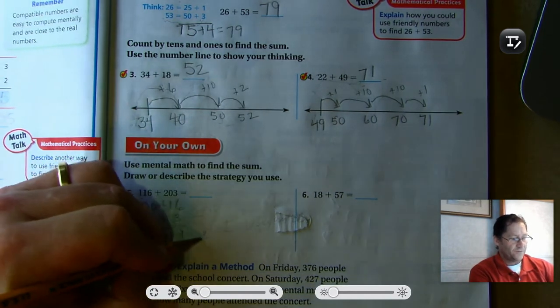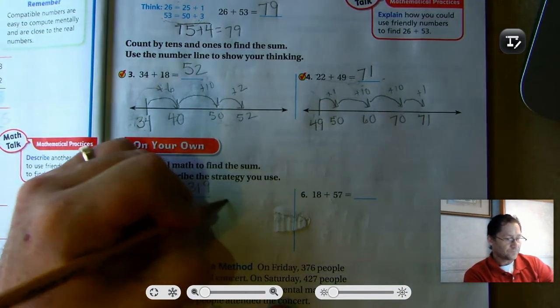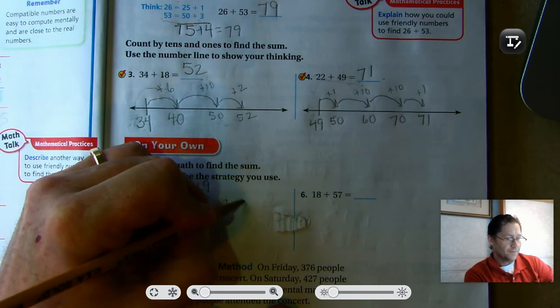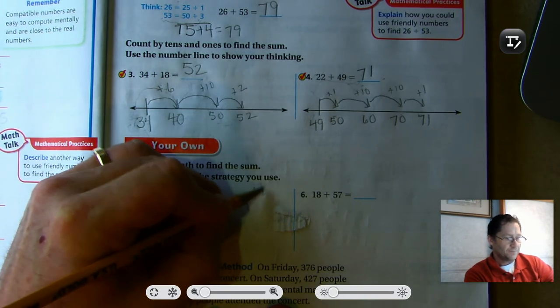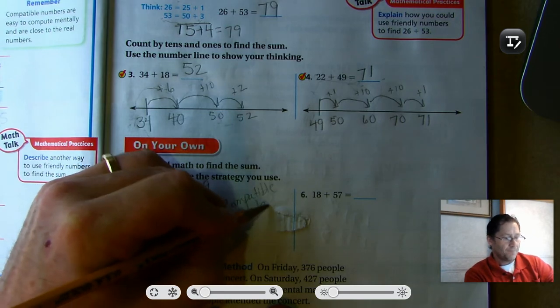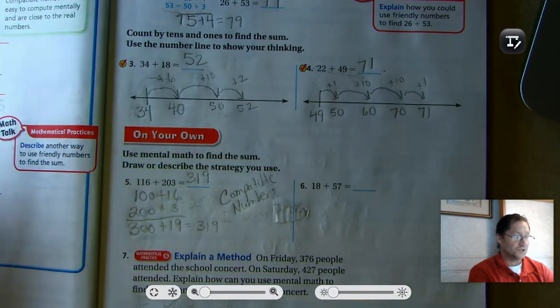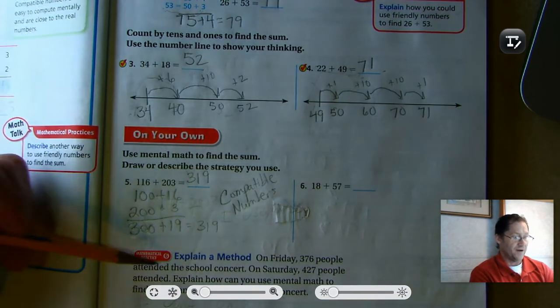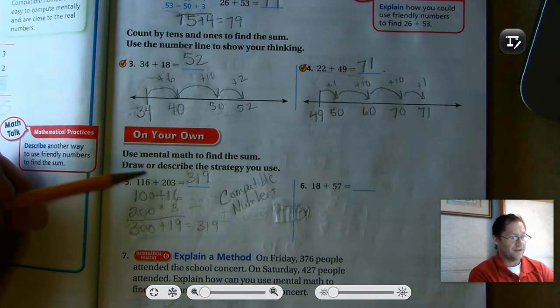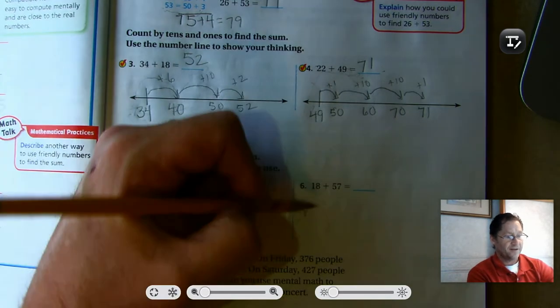Add those together, we get 319. And what we did there was compatible numbers. That's just one strategy. You could have jumped on by using the number line and jumped ones, tens, and hundreds.